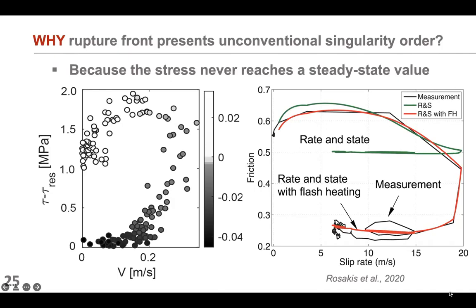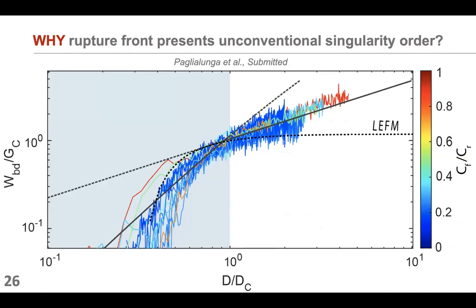So finally, to try to compare all the different experiments that we have done, I show you here the normalized evolution of the breakdown work by the fracture energy that corresponds to the one we defined from LEFM, as a function of a normalized displacement, the displacement normalized by the critical displacement.